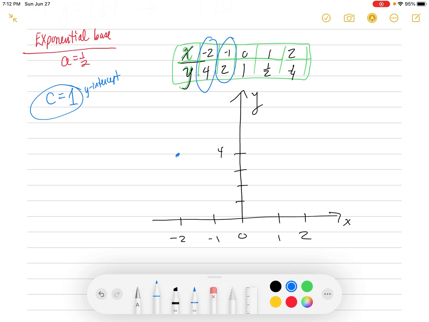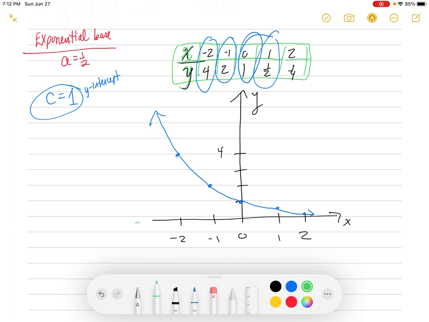Well, it doesn't quite go to 0, but it approaches 0. So let's plot things out. I'm starting out with -2, 4, so that would be up here. Then -1, 2. Then 0, 1. This was our y-intercept, 0, 1. And then 1, 1/2 would be here, and 2, 1/4 would be here.